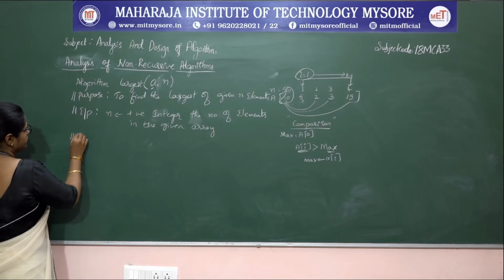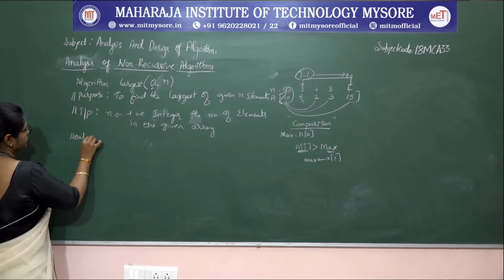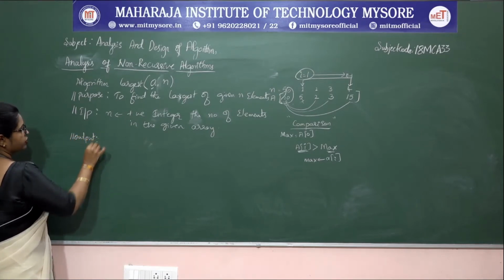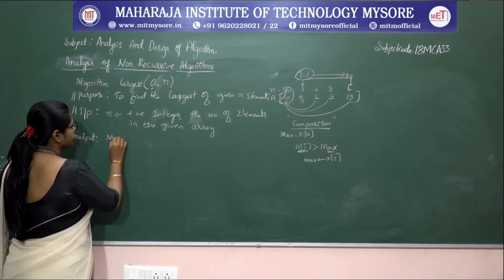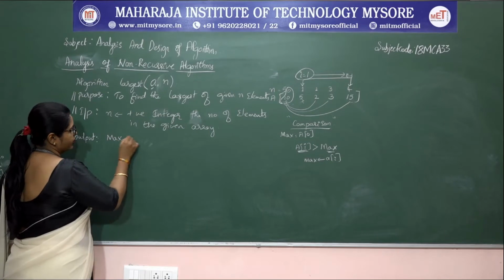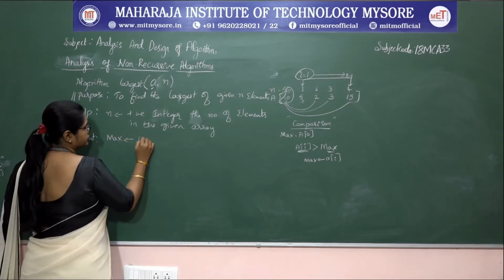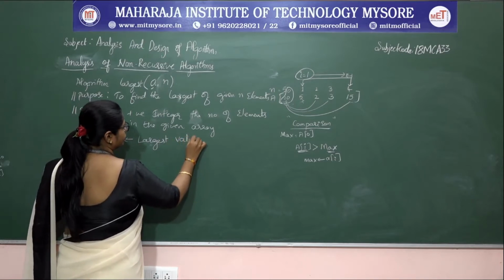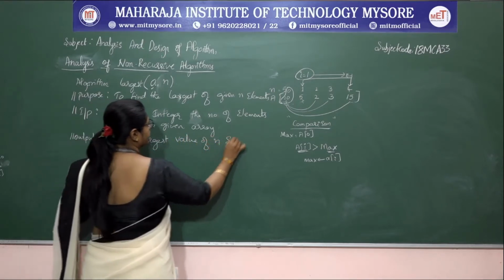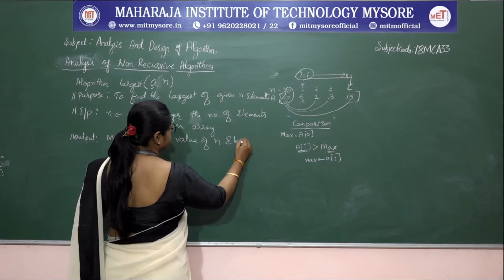Okay. Next, output. So here we need to find out what? The largest one. That is nothing but here I am using max. So max is the largest value of the n given elements.